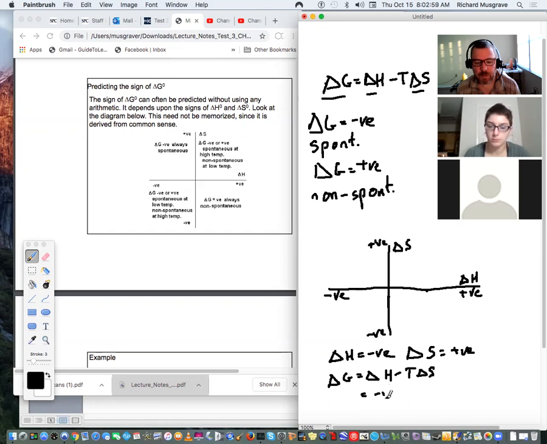So we have a negative value here for the delta H minus T. Now remember T is Kelvin, so it's always going to be positive, times a positive value. So what I want you to see here is that you've got a negative value minus a positive value, which is always negative. This is what I mean about not having to memorize this. So in this quadrant here, when we're dealing with negative delta H and positive delta S, then we're always dealing with a spontaneous process.